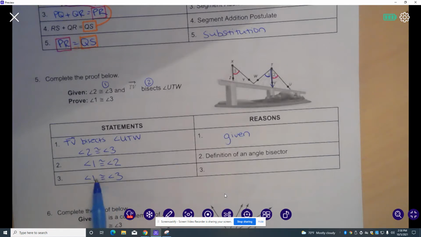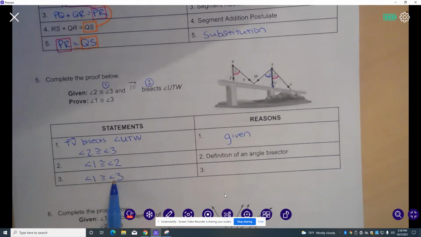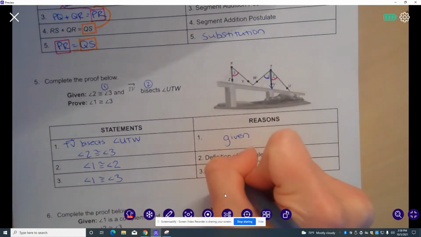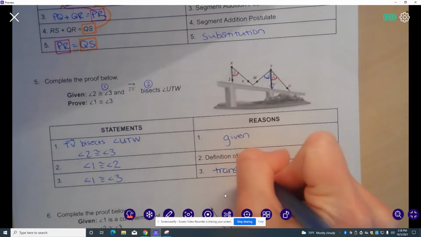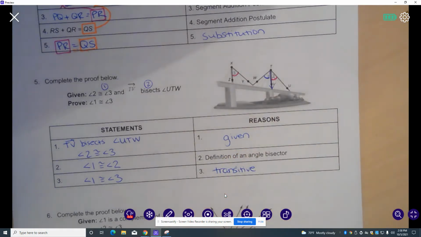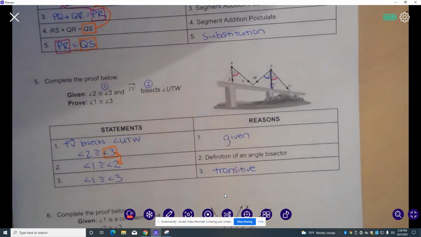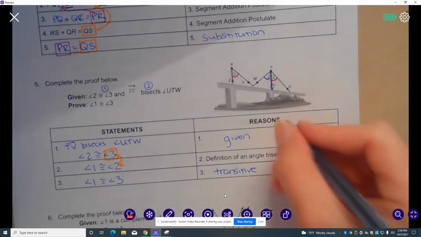So therefore, they must be congruent to each other. When I use 2 congruent statements like this to come up with my third, you could think of that using the transitive property, or you could use substitution. You could imagine taking this angle 3 and substituting it in for angle 2 to get your final statement.